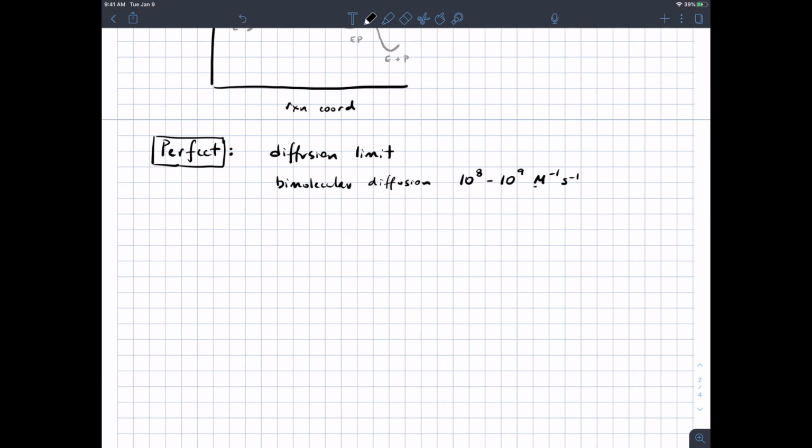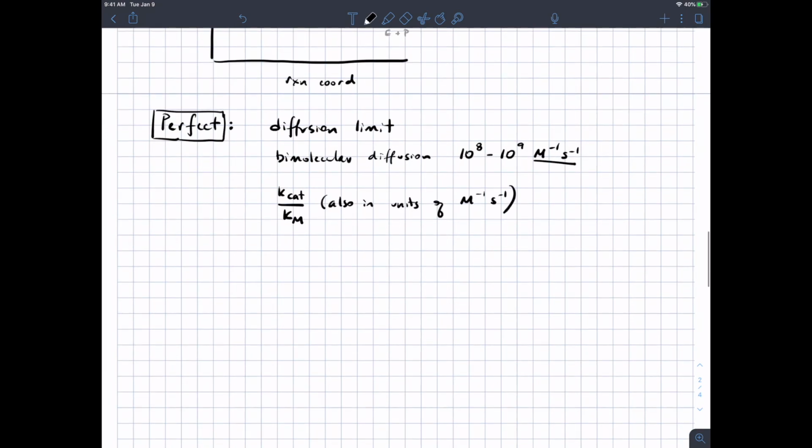And if you look at those units, they're exactly the same units as Kcat over Km, that so-called specificity constant, also in units of per molar per second.